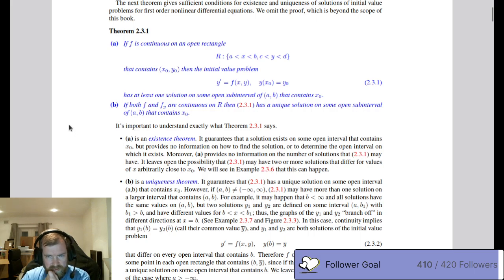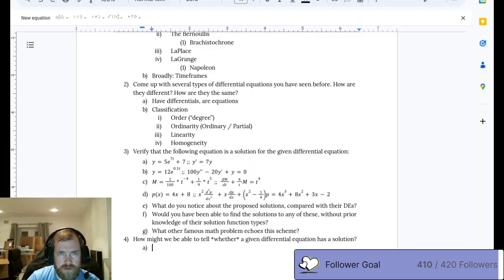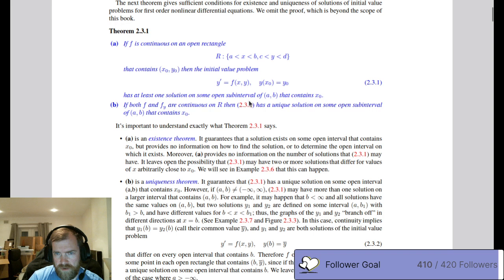Okay. So we're talking about the equation here. Y prime is equal to f of x comma y? Or are we just doing x? X comma y.